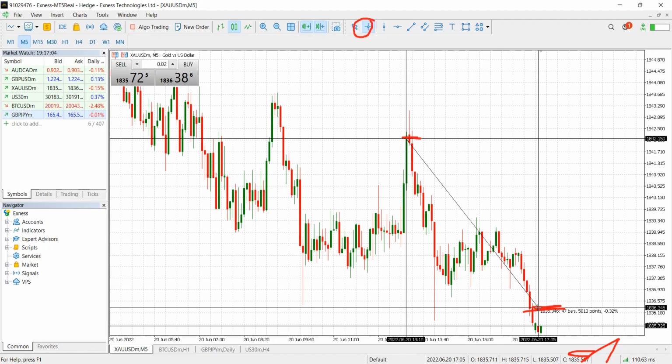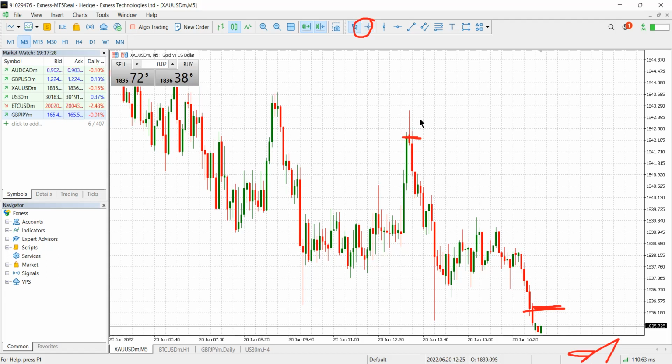So anytime that you use the crosshair, just look at the points, and then you drag. Just look at the part written points, and then ignore the last two. That's the 1 and then the 3, and then look at the 58. Now, if the broker writes it to the 3 decimal place, that is when you look at it like that. But if the broker writes it to 2 decimal place, ignore the last one.